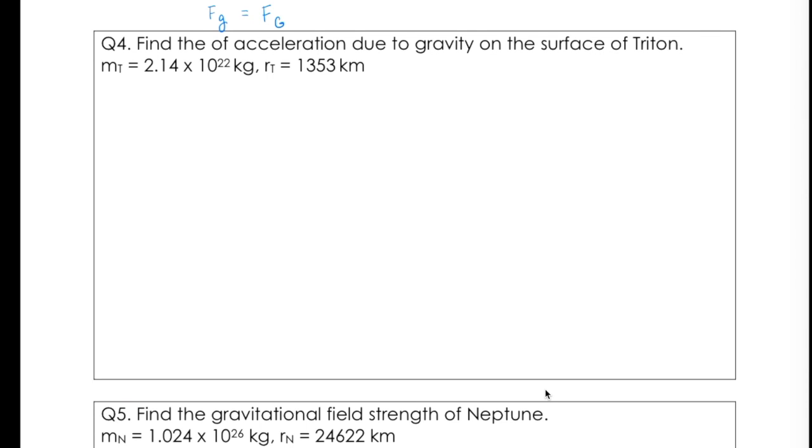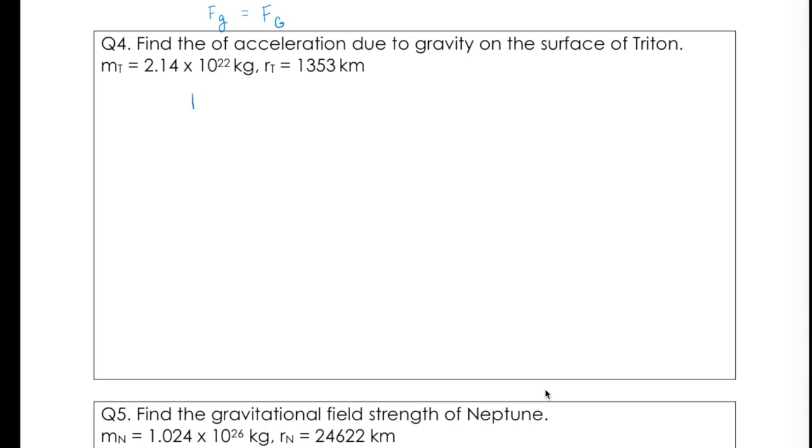And so because of this, we can set them equal to each other. So if F of little g is m times acceleration, right? Mass times acceleration, ma. And then we know that F of g is the gravitational constant times mass of 1, mass of 2 divided by r squared. Okay, we can set those equal to each other.